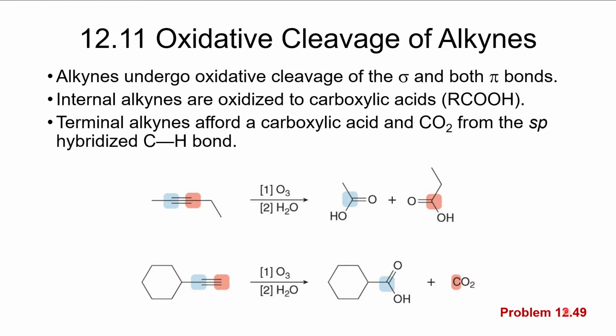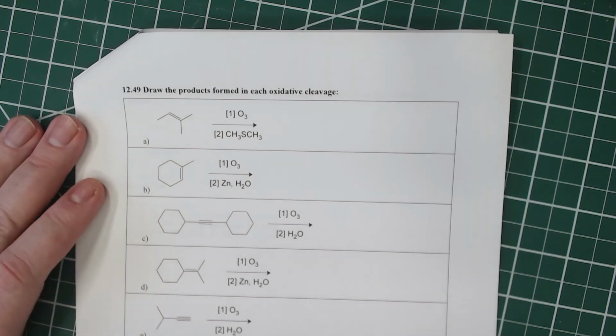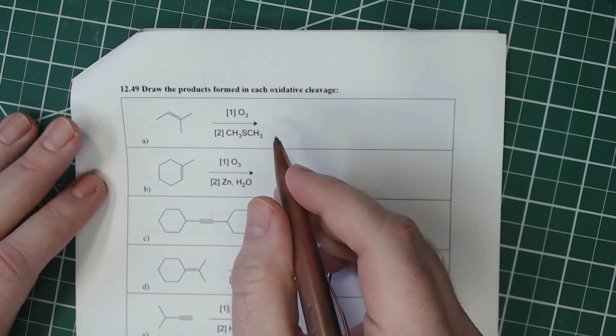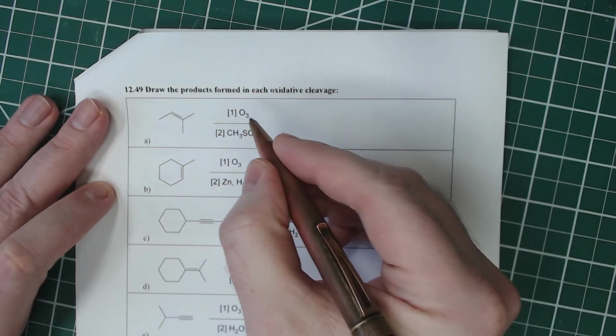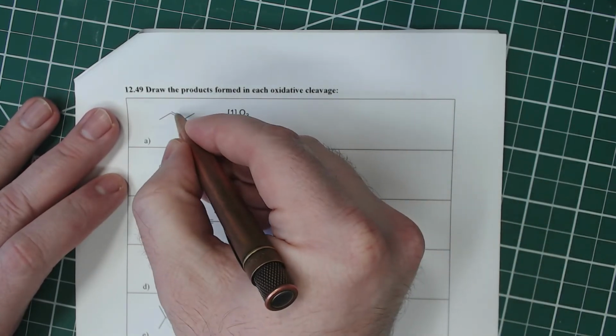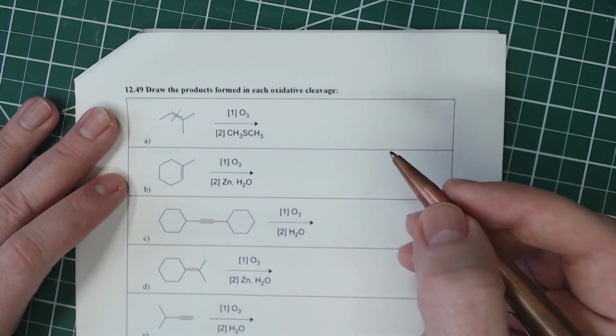All right, so let's look at number 49. Okay, so draw the products formed in each oxidative cleavage. So the way I like to look at it is that we'll just draw a line through there, and we're going to break that bond.